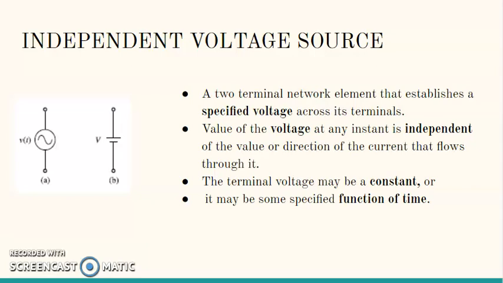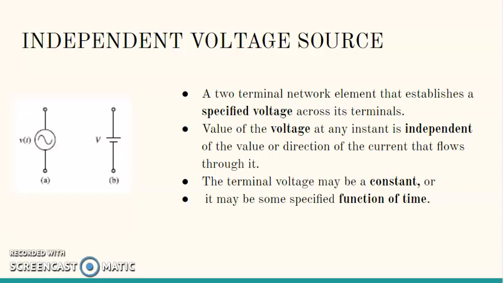So the independent voltage source is obviously a two terminal network element and it will always give you a fixed or specified value of voltage across its terminals. As you can see here, two figures are shown for the independent voltage source.